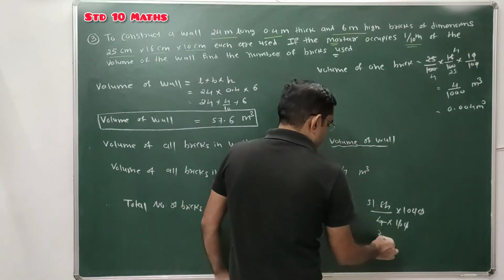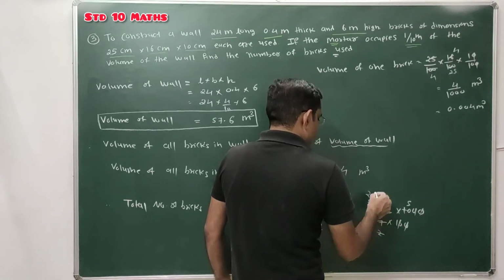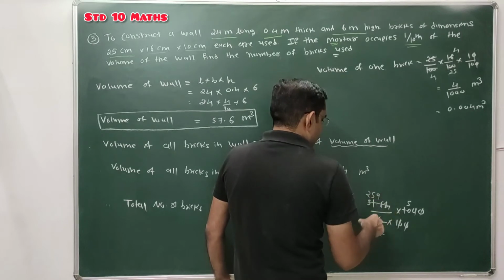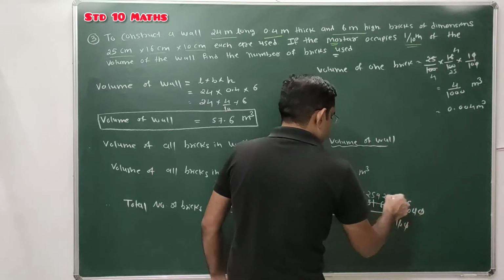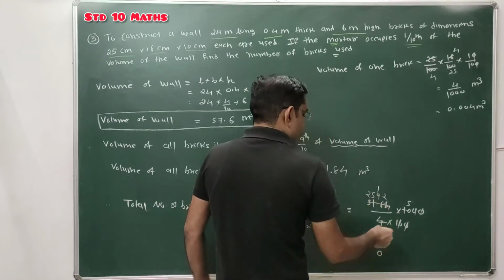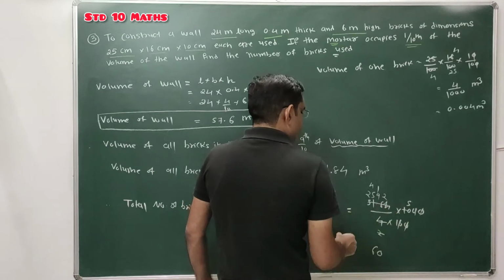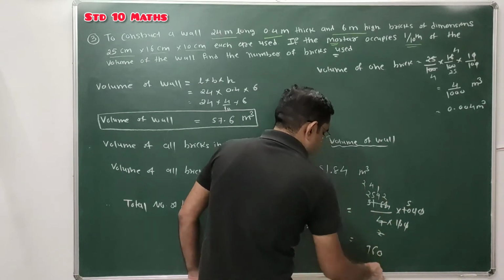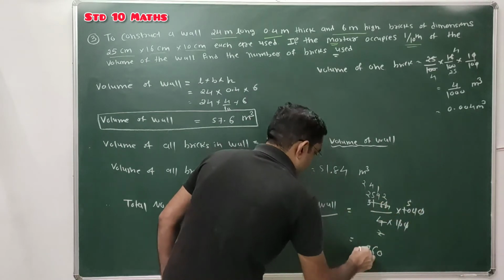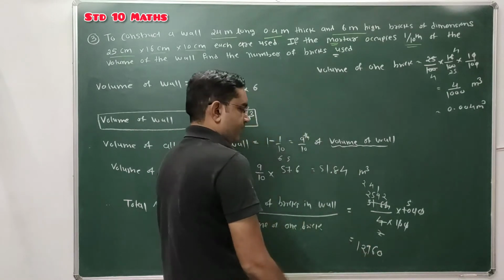Cutting, 2 2s are 4, 2 5s are 10, 2 9s are 18, 2 2s are 4. Multiply this: 5 2s are 10, 5 9s are 45, plus 1 is 46, 5 5s are 25, plus 4 is 29, 5 2s are 10, plus 2 is 12. So 12,960 bricks.